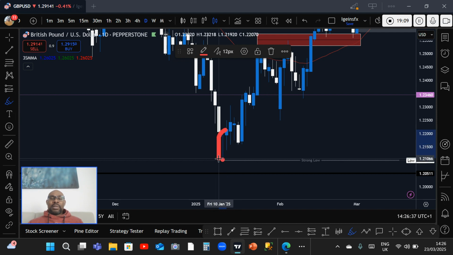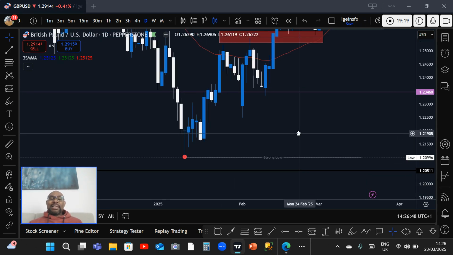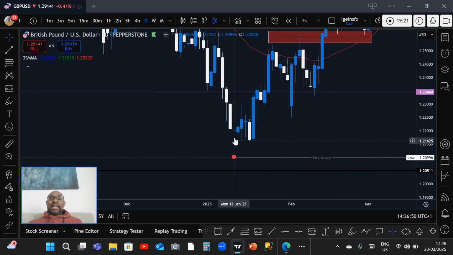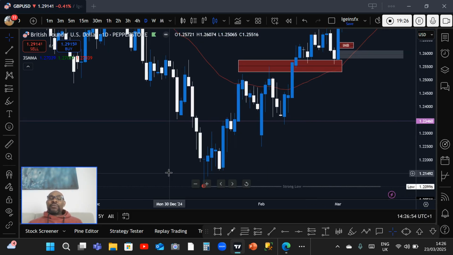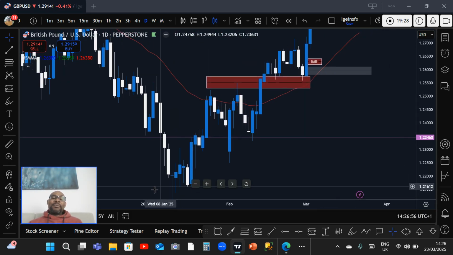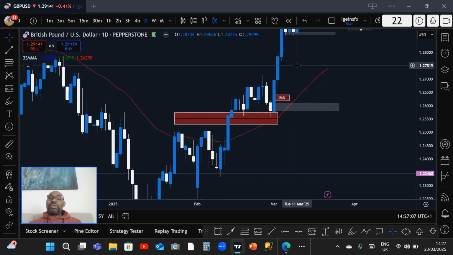This pin bar is a sign that when price got to this level, it was a rejection from this level, meaning the buyers are already in the market. They are rejecting sellers, rejecting the price. So since that time, you see price has been bullish.